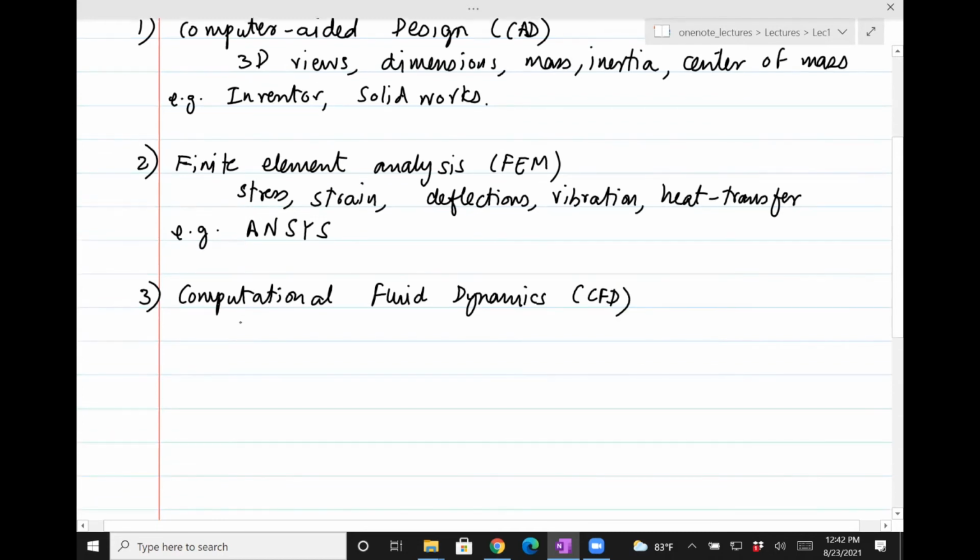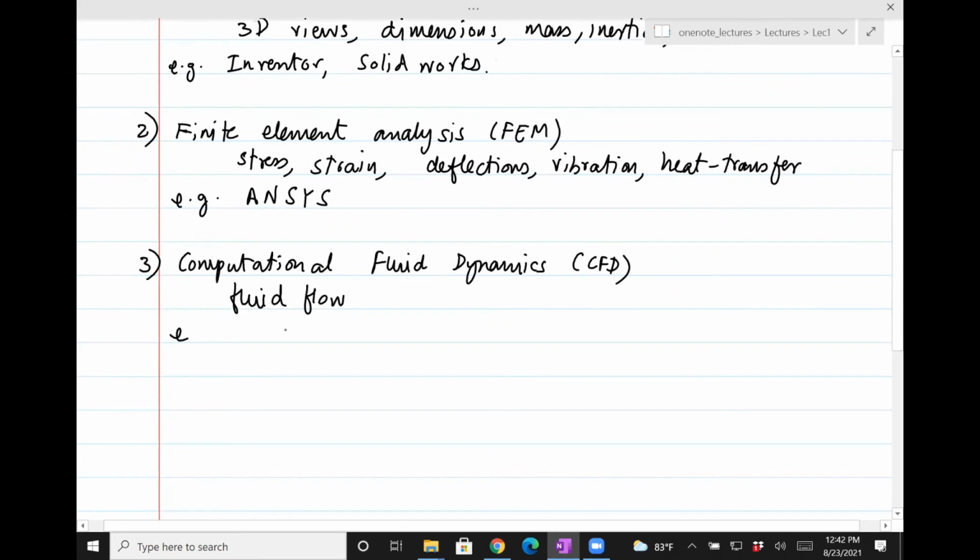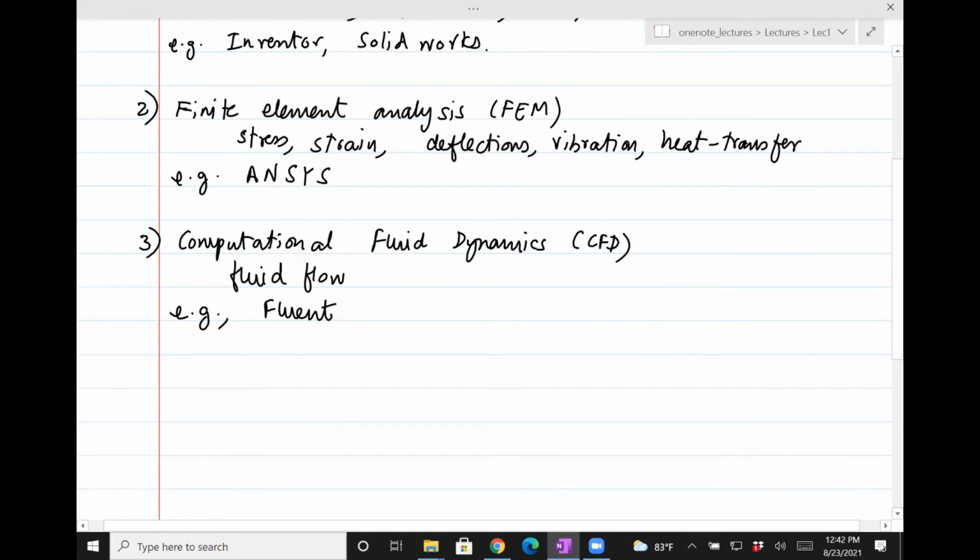Okay, this is basically concerned with fluid flow. The tool which is used is called Fluent. Now, we actually also have electives on CFD. So if you're interested in CFD, computational fluid dynamics, I'm pretty sure you can find something of interest.